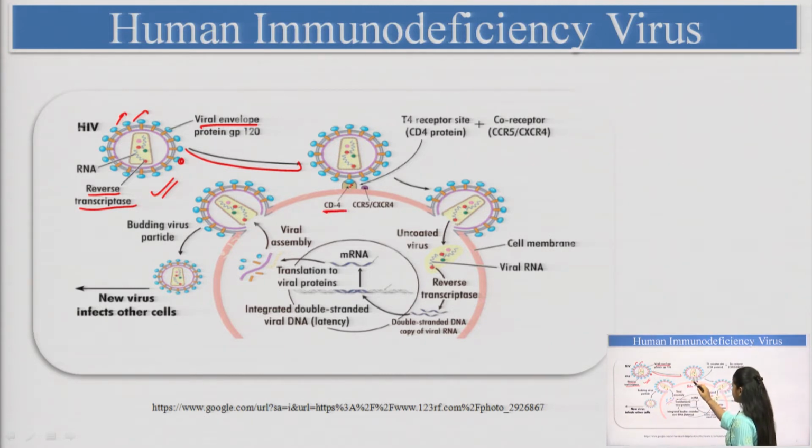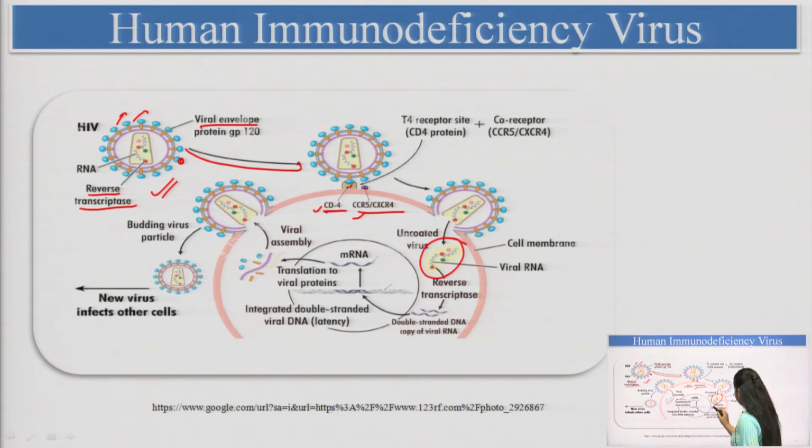Here we can see in this diagram, there are co-receptors present, either CCR5 or CXCR4. After binding with the receptor as well as with either co-receptor, the virus enters the cell and releases its content, which is the RNA.